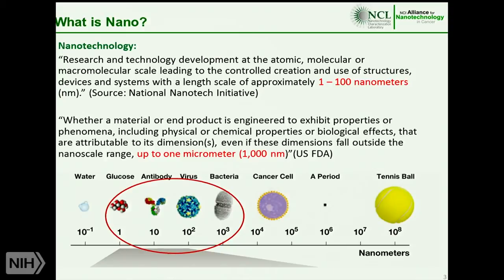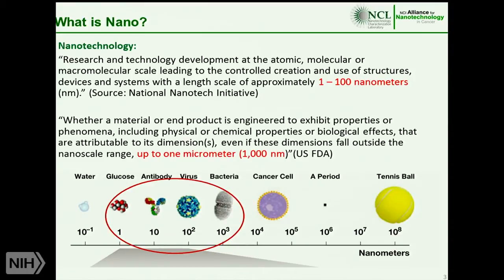So what is nano? There is no universal definition. The one which is most commonly used comes from the National Nanotechnology Initiative, or NNI, and it defines nanoparticles as objects with at least one dimension at approximately 1 to 100 nanometers. However, nanoparticles are used for biomedical applications, and the size can extend beyond 100 nanometers.